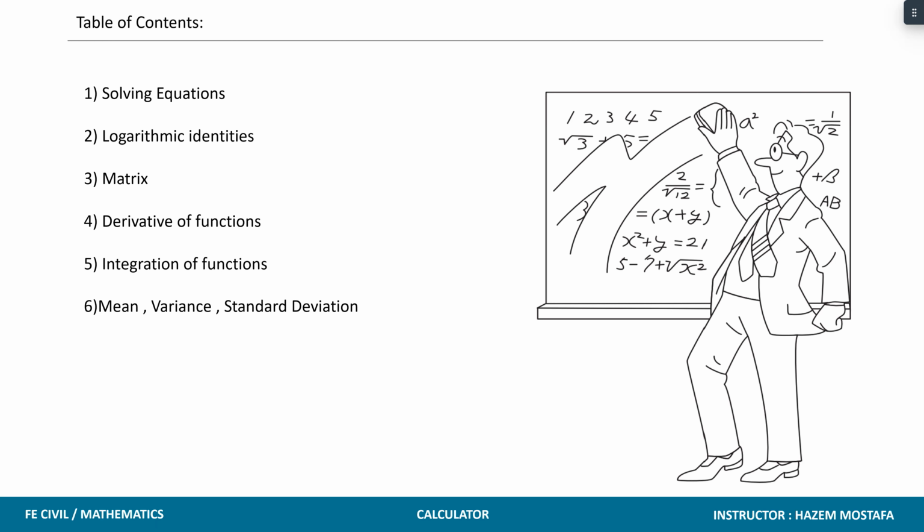We're going to start with solving equations, and then we're going to move on to the logarithmic identities, and then we're going to go to the matrices and the derivative of functions and also the integration, and we're going to end up with a problem or two on the statistics, like solving the mean, the variance and the standard deviation.